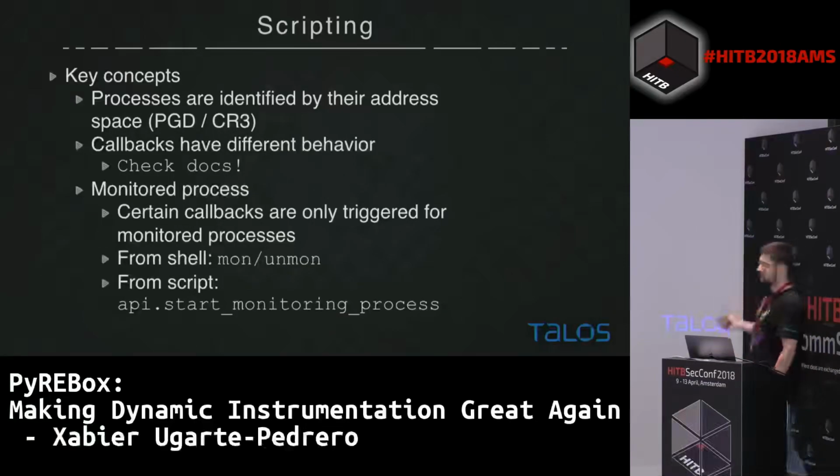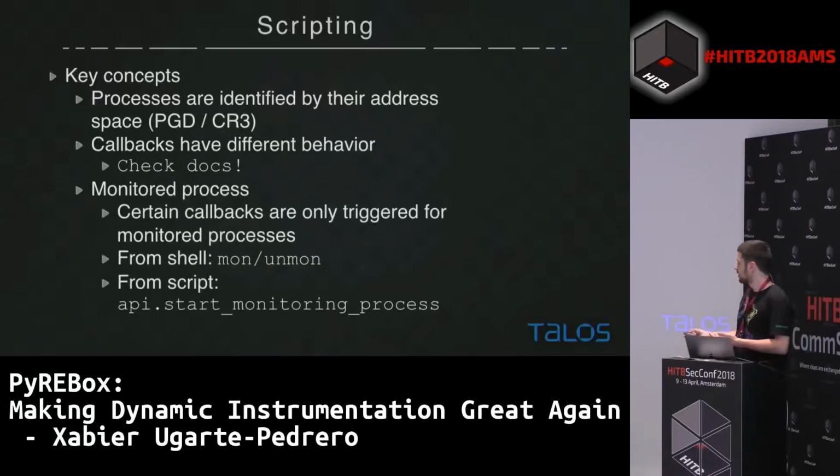Also, each callback has its different behavior, obviously, because they trace different things, so you can check the documents. And then there is one more concept, that is monitored processes, because we can create callbacks in which we don't specify which process we want to trace. So we can set a callback on instruction execution without specifying which process we want to monitor.